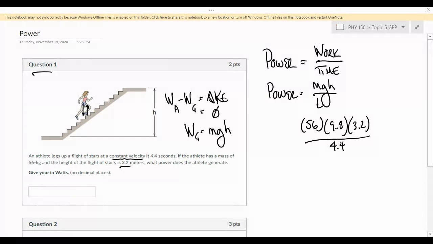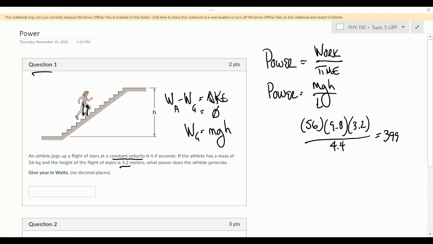Go ahead and quickly run through that if you want, or you can wait for me to punch it up into my calculator. And I got 399. And here's the deal.